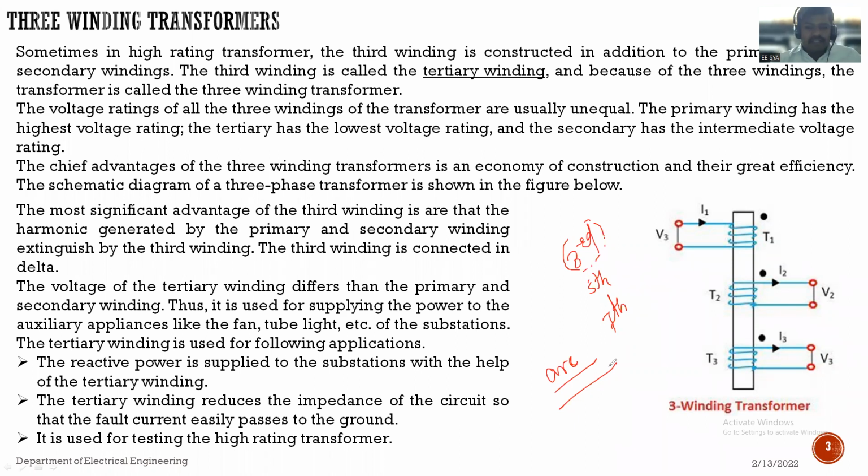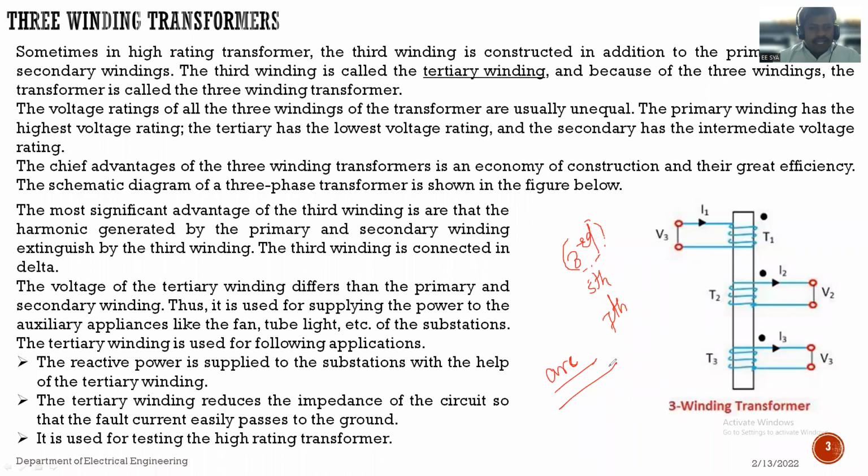The voltage of this winding is nothing but unequal voltage, and due to that unequal voltage, the tertiary winding has a low voltage as compared to primary and secondary, and the primary has the highest voltage rating as compared to secondary and tertiary.